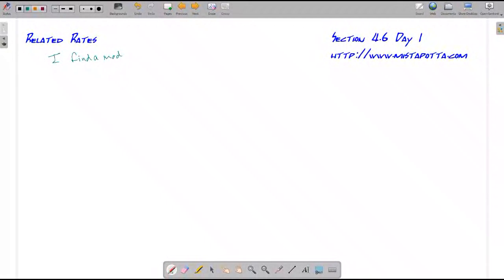Now, I don't know if I'm going to be dealing with geometric models or algebraic models.